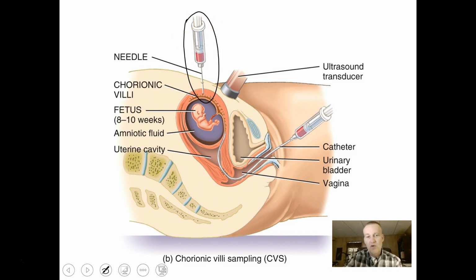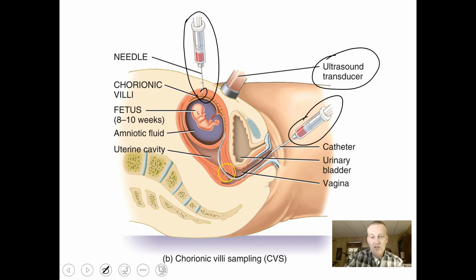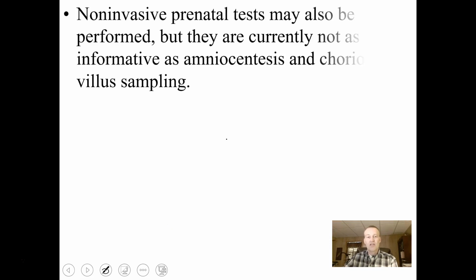Although we're not going to the amniotic sac this time, we're using the ultrasound transducer to either sample the chorionic villi through a needle or through a catheter that we stick through the vaginal canal and through the cervix, and then sample a little bit of that tissue up there. Remember, if you sample chorionic villi, that's fetal tissue, and the genetics of that will be identical to the baby.